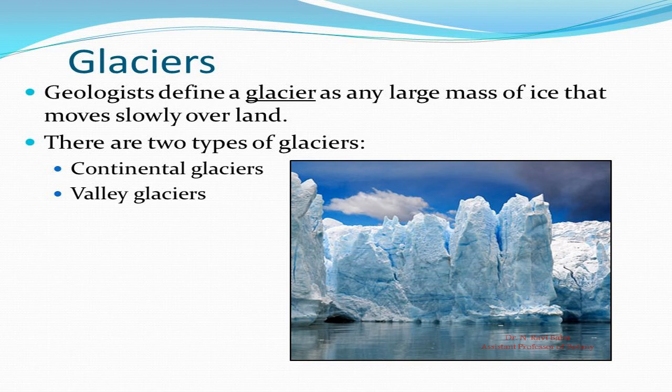Of course, the sides and bottom are held back by friction with the valley side spurs and valley floor. So it is the moving ice mass downslope under the impact of gravity, hence it is called a glacier.